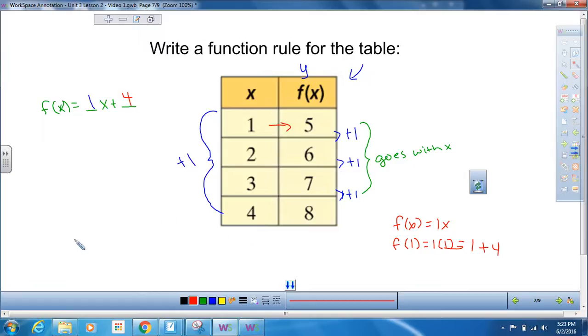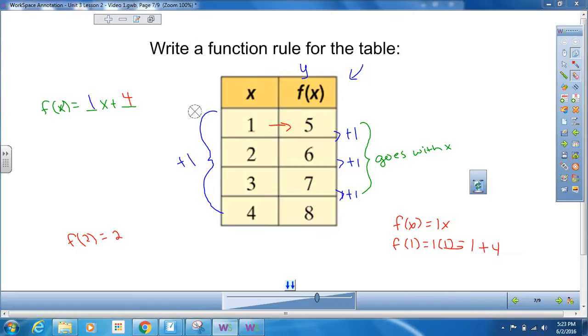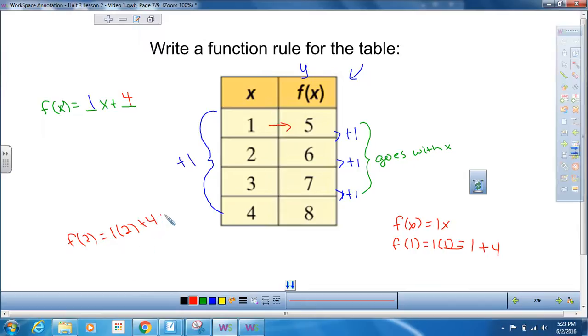Let's check it. Let's plug in 2 for x and see if I get 6. Okay, 1 times 2 is 2. 2 plus 4 is 6. I check 3. So remember, this left side is just y.